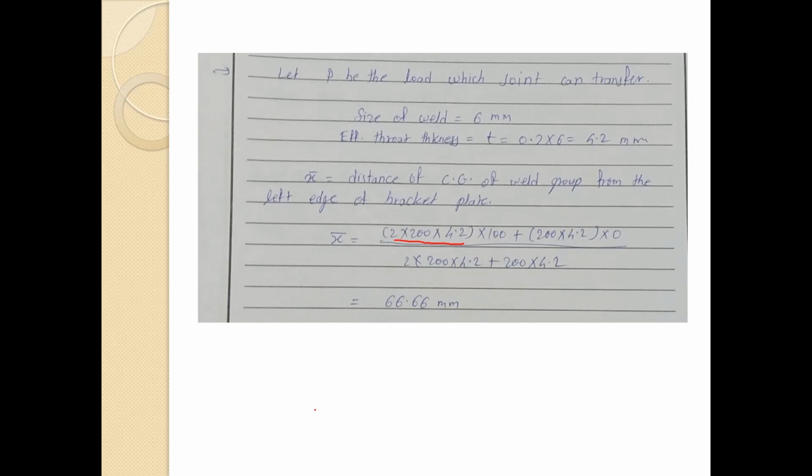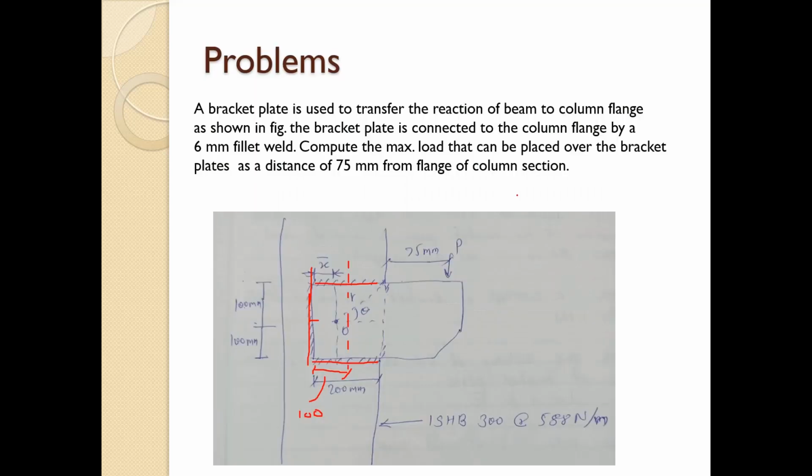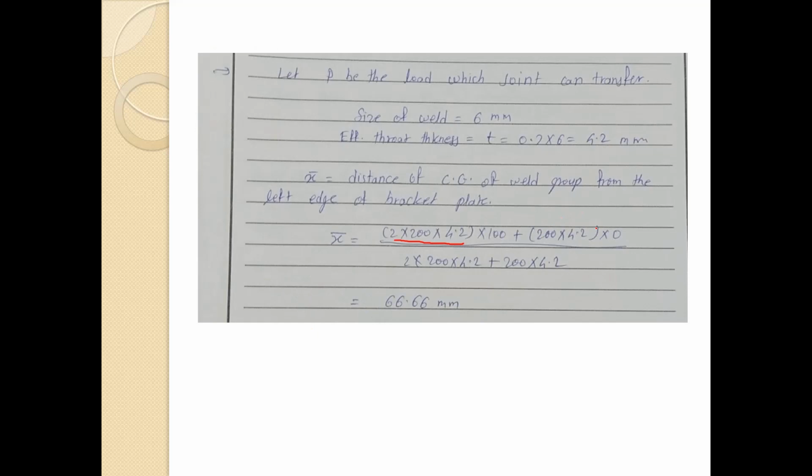So this is 100 mm, and 200 into 4.2, that is the area, which is again the throat thickness, into 0, because we are calculating from this edge itself, that left edge of the weld, so that becomes 0.